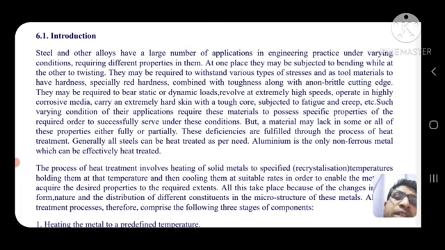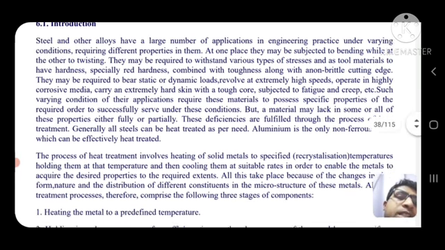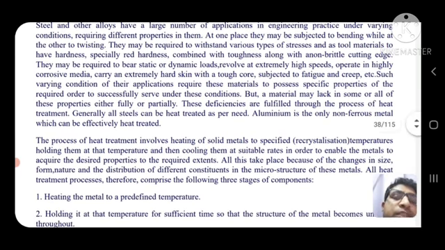They may be required to bear static or dynamic load, revolve at extremely high speed, operate in highly corrosive media, or have an extremely hard skin with a tough core, subjected to fatigue and creep.